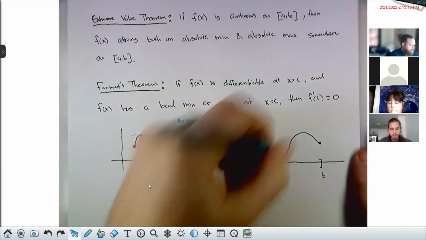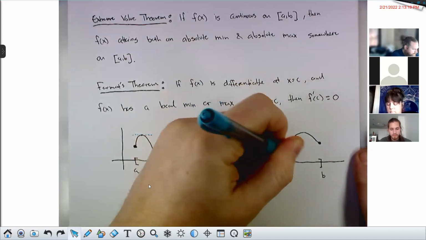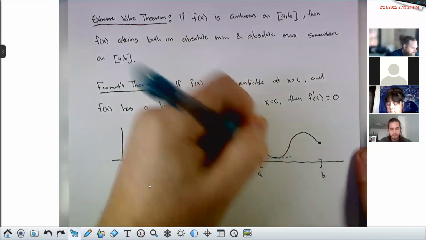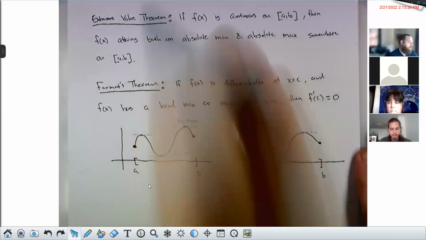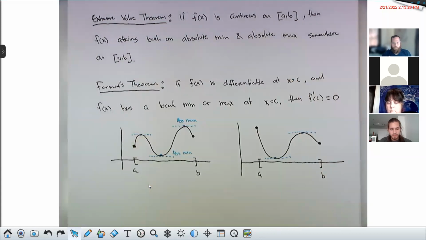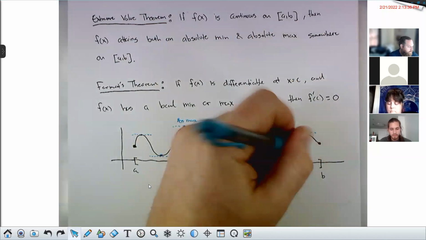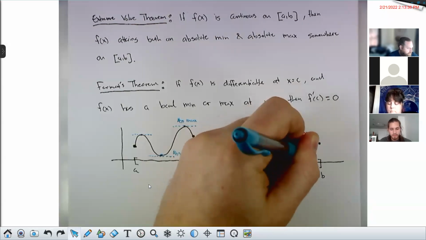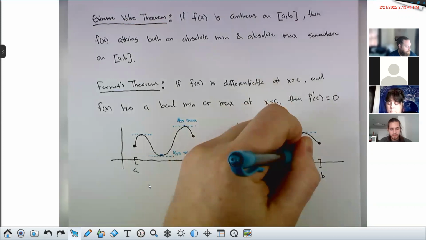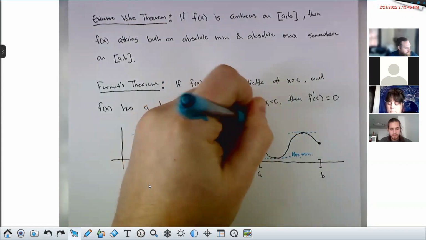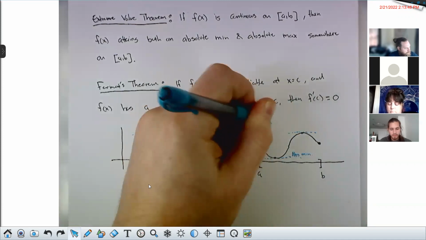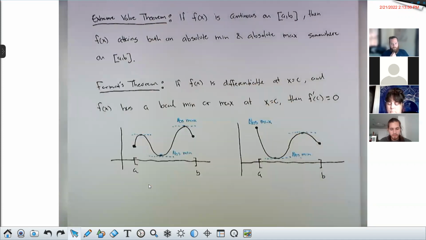Again, anywhere you have a local min or max within the interior of this interval, that is away from the endpoints, because the curve is smooth, Fermat's theorem guarantees that the tangent line at those points must be horizontal. And like the previous picture, your absolute min is coming from one of these interior points. Your absolute max, though, in this case, is coming from one of the endpoints.